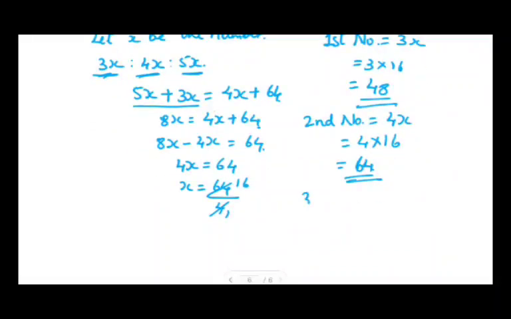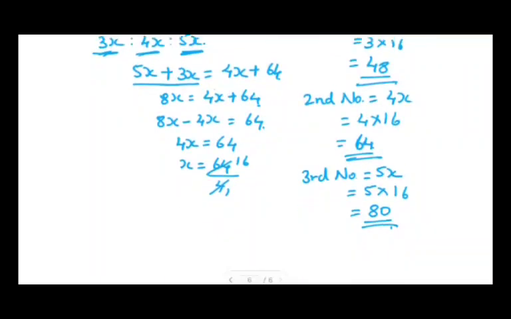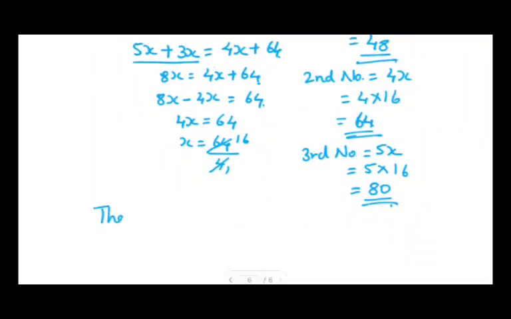Yes, and my third number, which is 5x, is equal to 5 into 16, which is 80. Alright, so what's the statement? Find the numbers. The numbers are 48, 64 and 80.